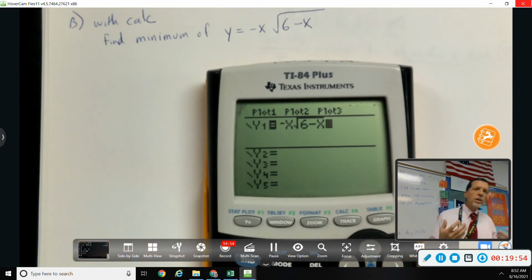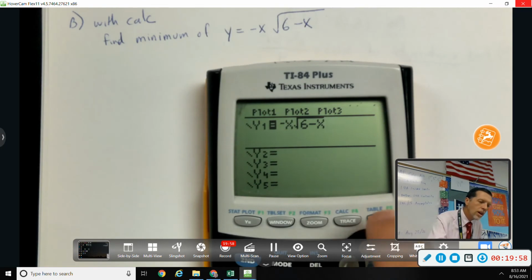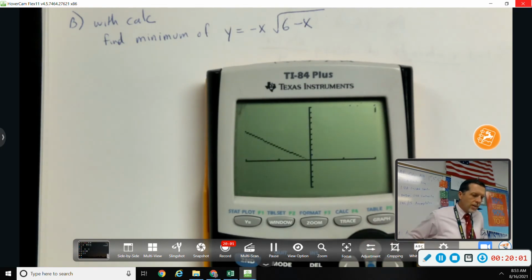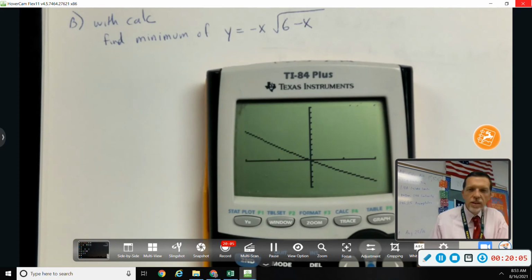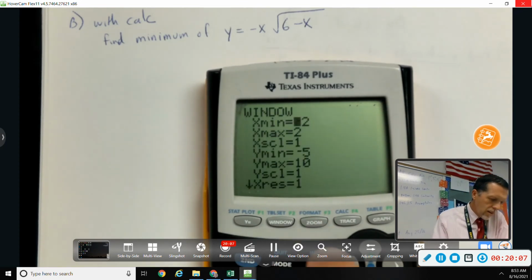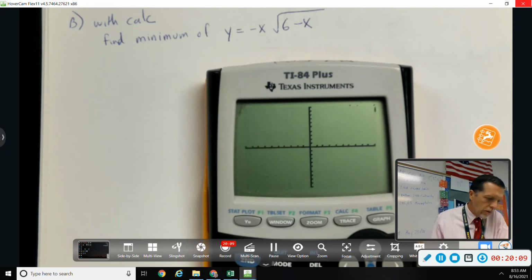Now, you know what a minimum is. We don't know that we've used that word in a math sense before. So let's graph it. And I probably need to see a better window than that. Let's go to the standard window, maybe that'll help.